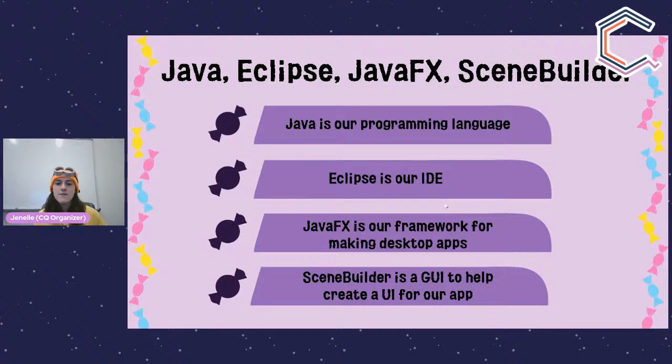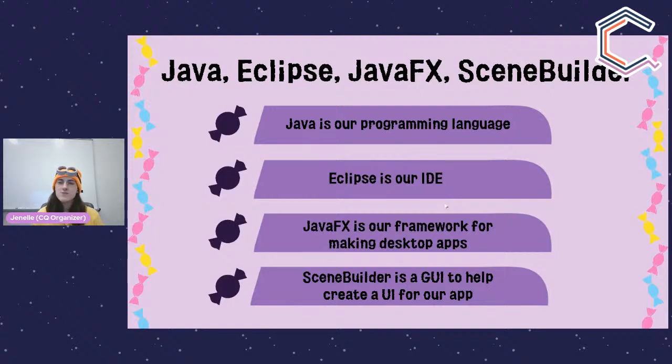JavaFX is our framework for making desktop applications. So you might have gone to Swinny's workshop earlier, and he showed us how you can extend certain classes and get all of their methods into your project. And so with JavaFX, we're going to extend the application class so that we can utilize all those methods and all of the code that JavaFX already has to make building our desktop app easier.